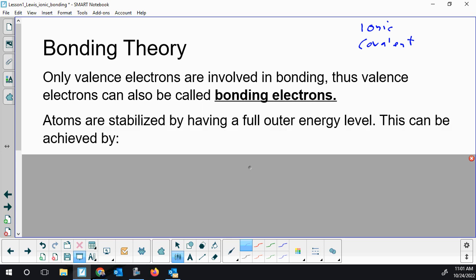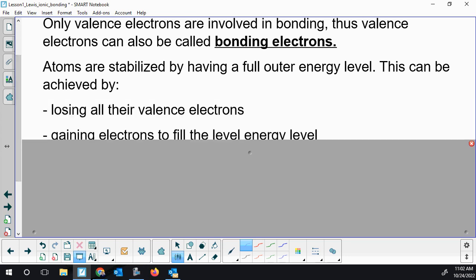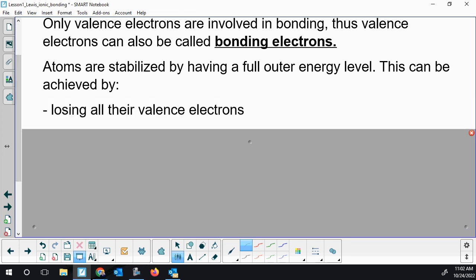We're going to discuss a few ways that atoms can get stabilized by having full outer energy levels. And there's three possibilities. The first of three options to stabilize themselves would be to lose all their valence electrons.